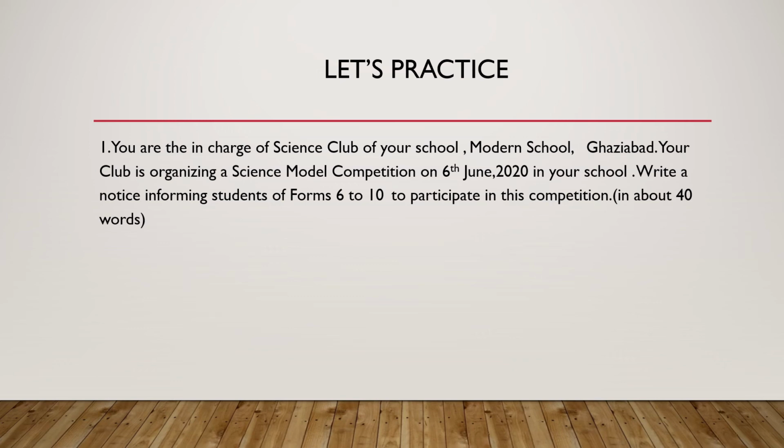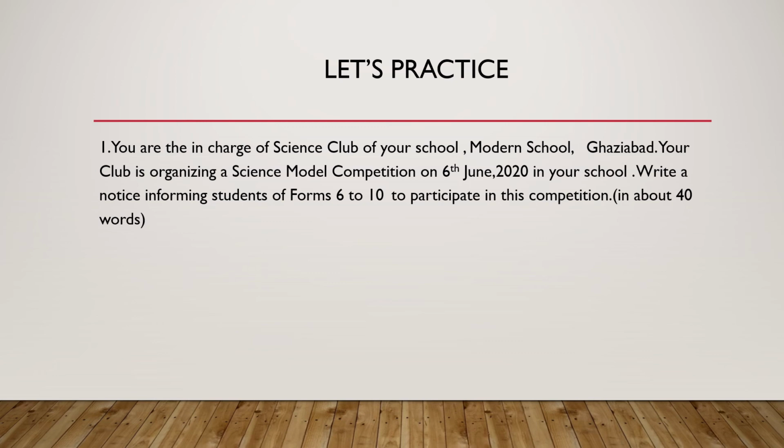Then you have to decide on the venue, the timings, and who can participate is given. Students of form 6 to 10 is given, but then whom to contact is not given. But you can write for further information or for giving your names. Latest by some date you can mention, contact me or give your names to me, and then under it you will sign your name.